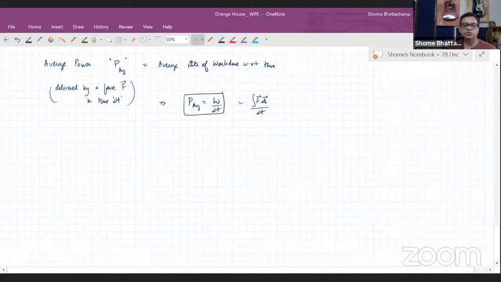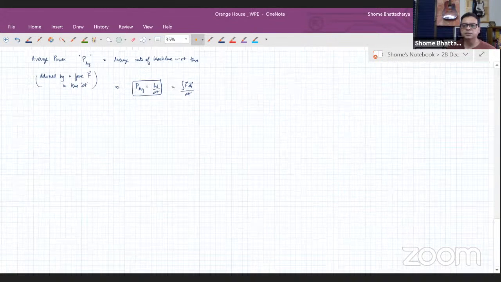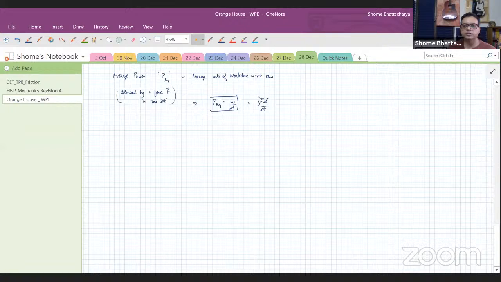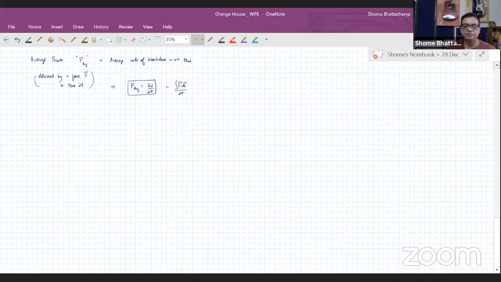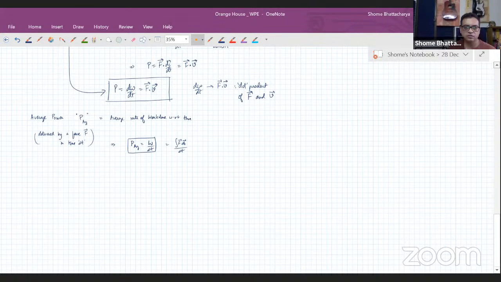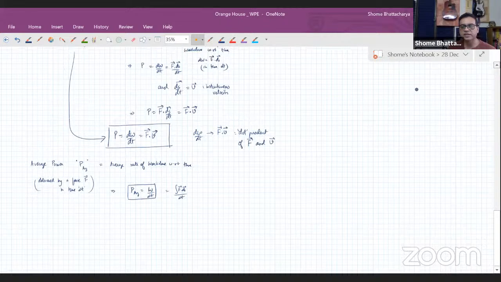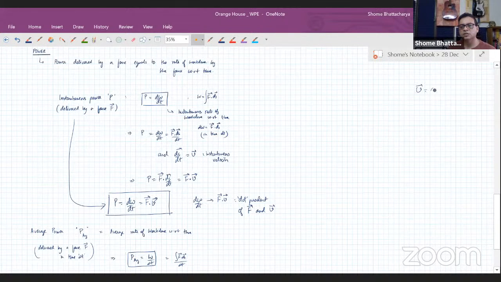Fine. So write down both these things together. Instantaneous power is instantaneous rate of work done. Average power is average rate of work done. Just like the definition of velocity: instantaneous velocity is instantaneous rate of displacement with respect to time, and average velocity is average rate of change of displacement with respect to time.